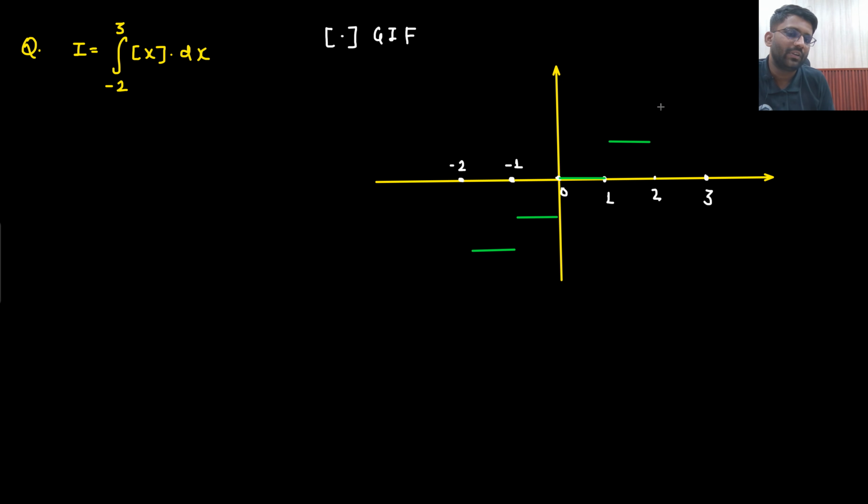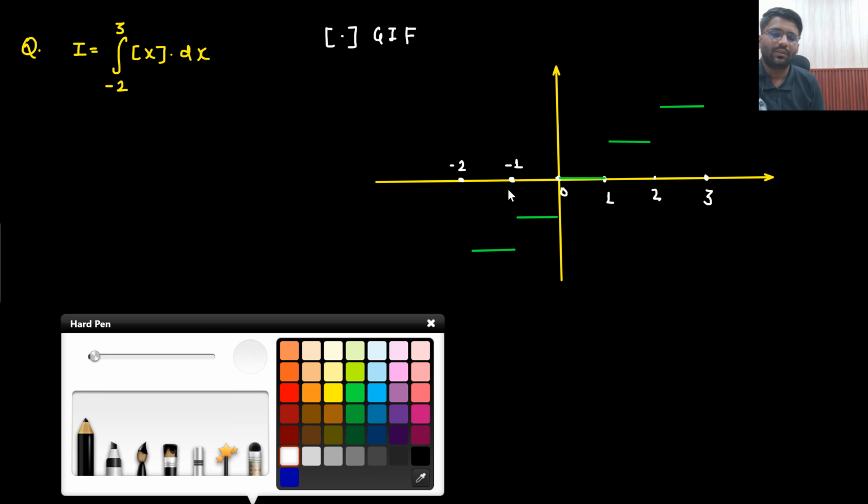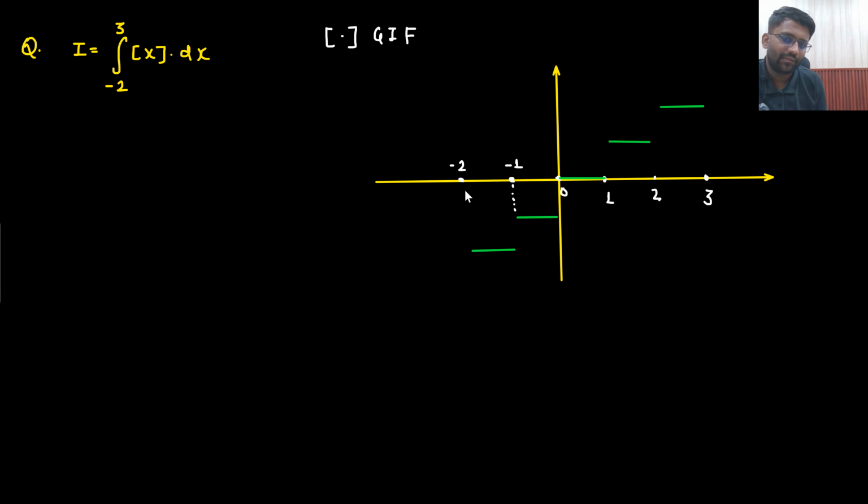And between 2 to 3, it will give you 2. This is what it will be giving you. Here there will be a hole and here there will be a bubble dot, and the same at each step.